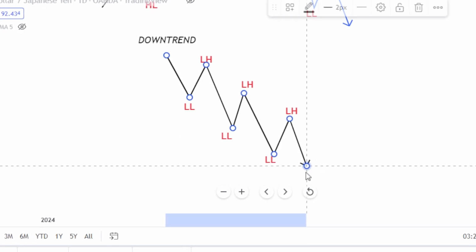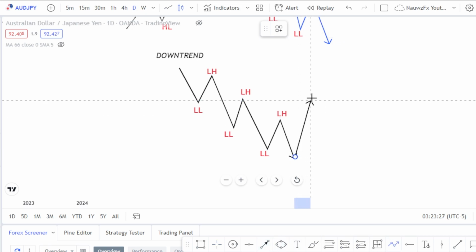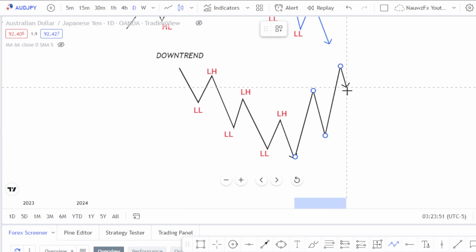So if the market does something like this, comes, does something like that, we have broken structure here because we have violated the lower high. As we talked about previously, in an uptrend we have to violate the higher low, but for a downtrend to change to an uptrend, we have to violate the last lower high. And the market will do something like this, come back, and then start to continue in an uptrend.